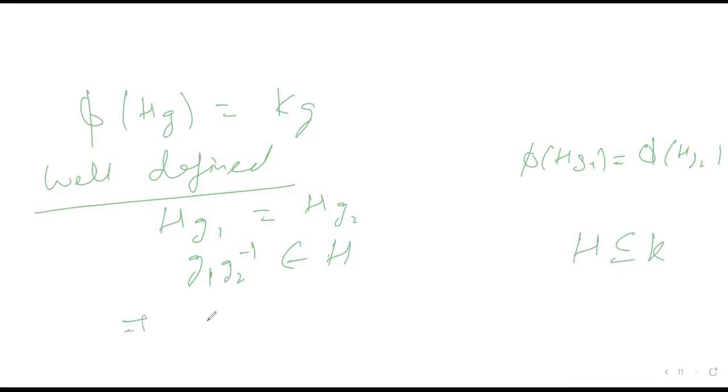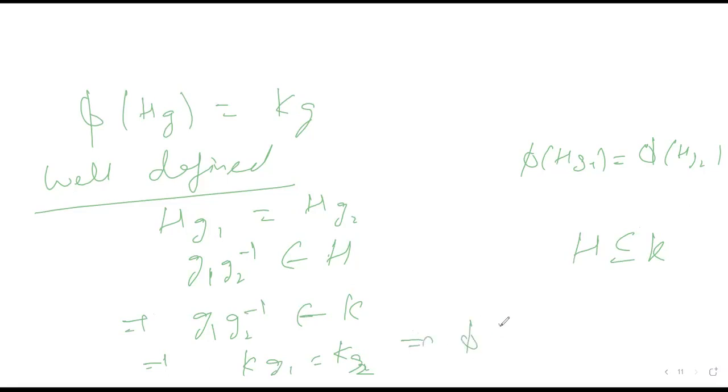So this implies g1 into g2 inverse belongs to K also, because every element of H will belong to K. This implies that Kg1 is equal to Kg2, right? Just the reverse property of coset.